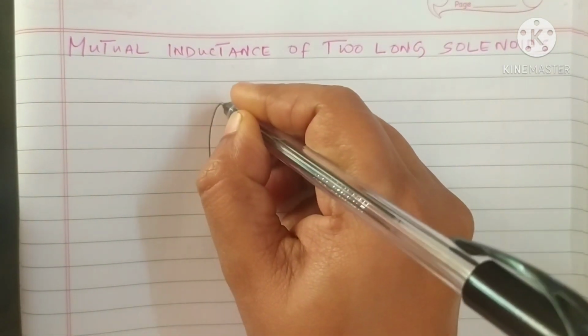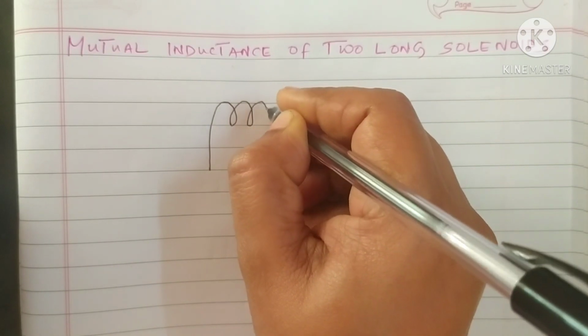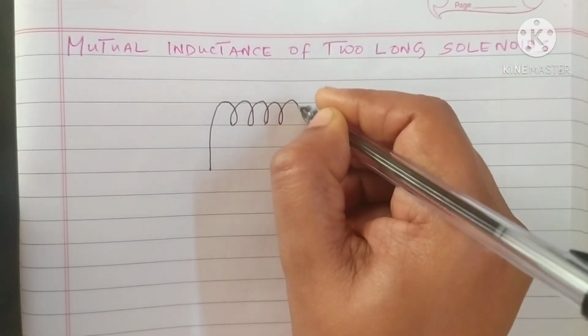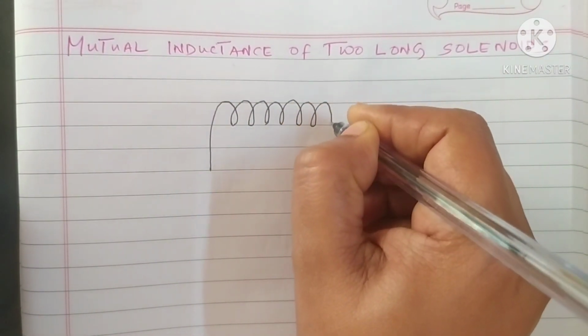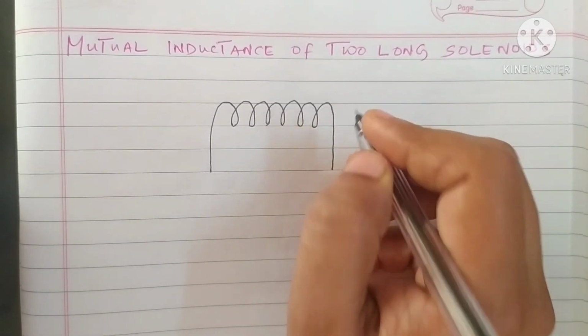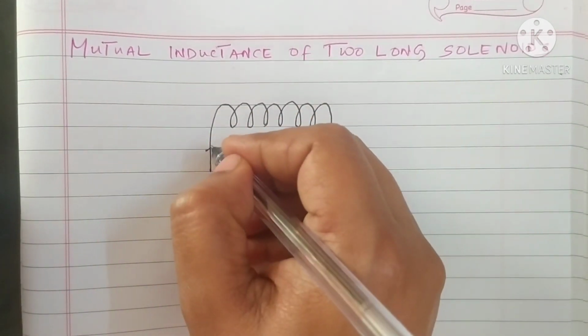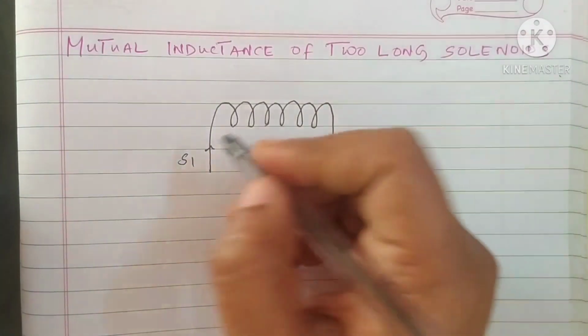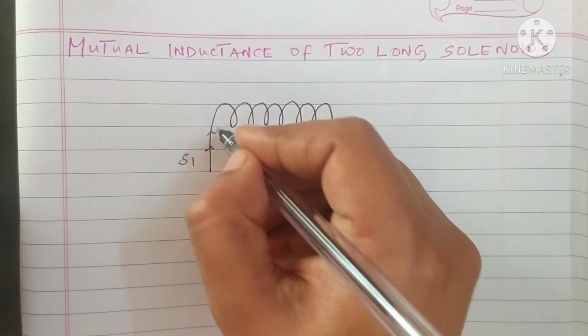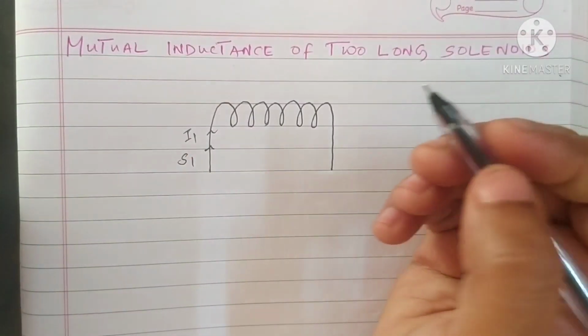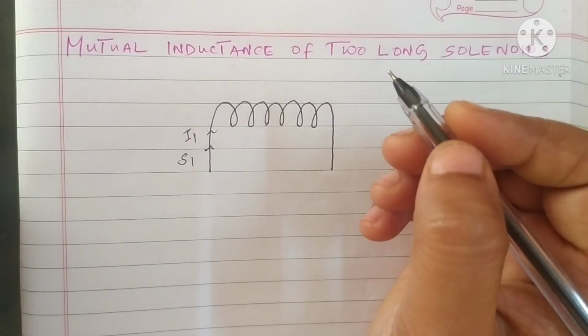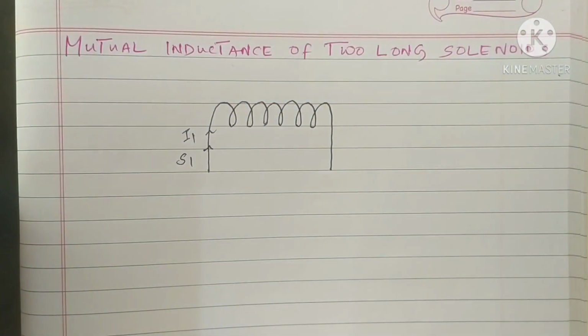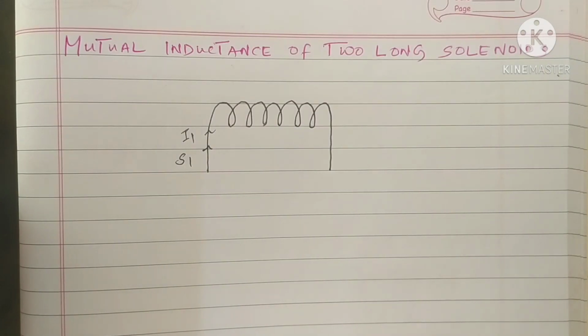This is our first solenoid, let this be S1, and I1 amount of current is passing through the solenoid S1. Clear? Now the second solenoid, we can place it like this.